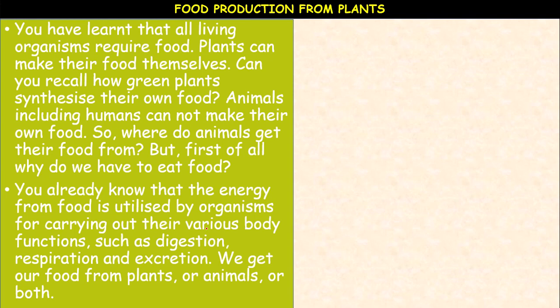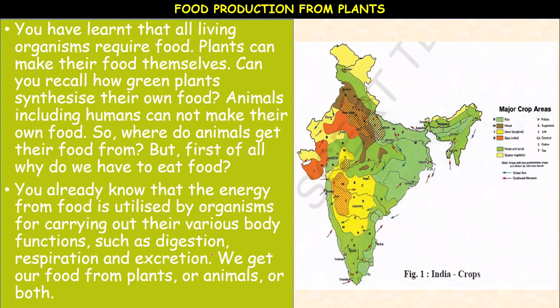We get our food from plants or animals or both, isn't it? So, the major crops in India: the plants grown or cultivated in the field for food are known as crop plants or crops. A large number of wheat plants grown in the field make up a crop of wheat, isn't it?